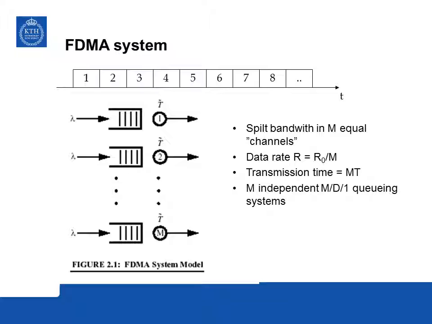There's only one packet that can be transmitted at a time. We have Markovian or Poisson arrivals, and the service time is equal to the transmission time. That is deterministic, that is independent of all the other users, and that is m times t.